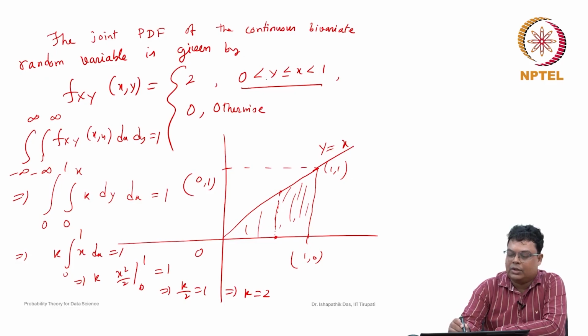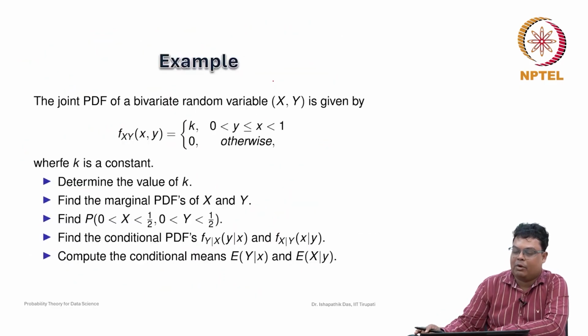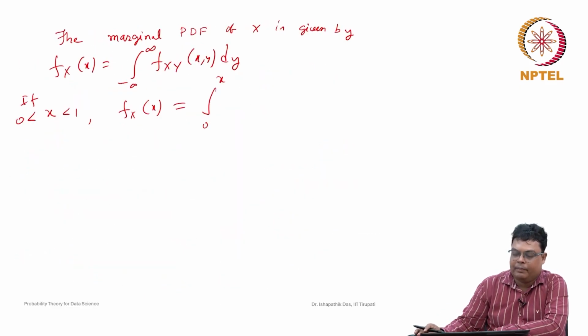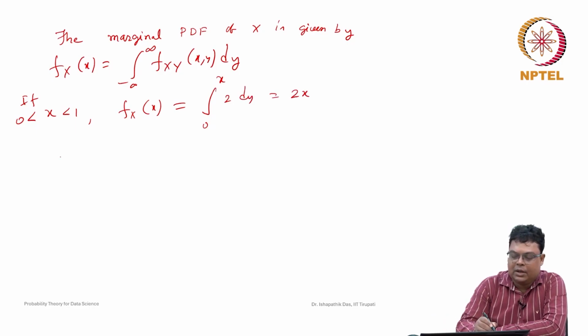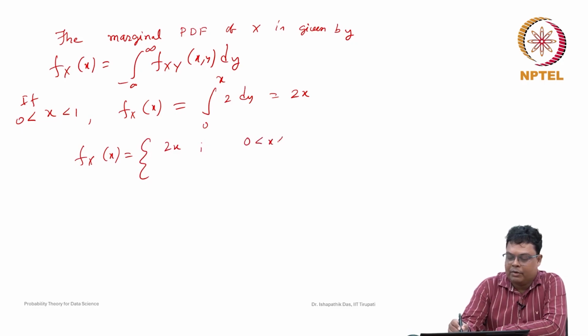So this is the integral from 0 to x of 2 dy, which becomes 2x, and otherwise it is 0. Hence the marginal density is f_X(x) equal to 2x if x is between 0 and 1, and 0 otherwise.